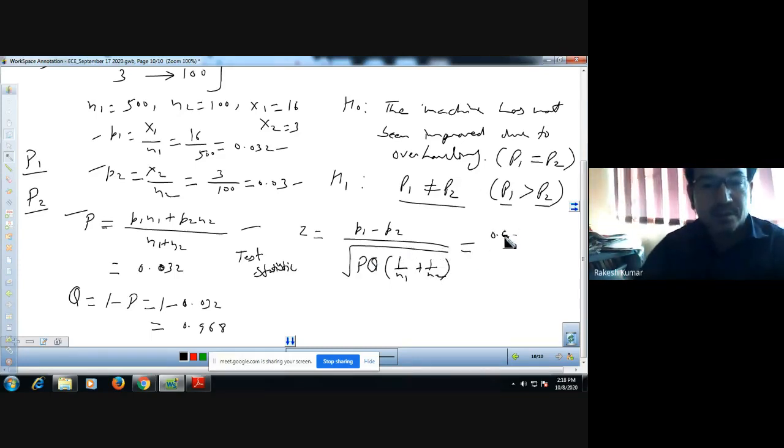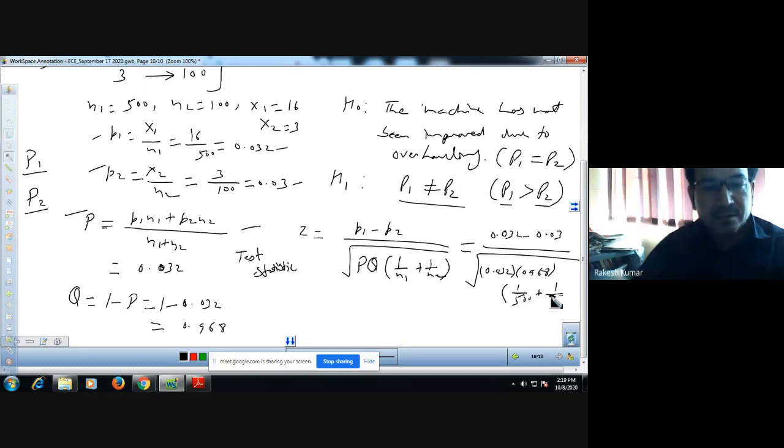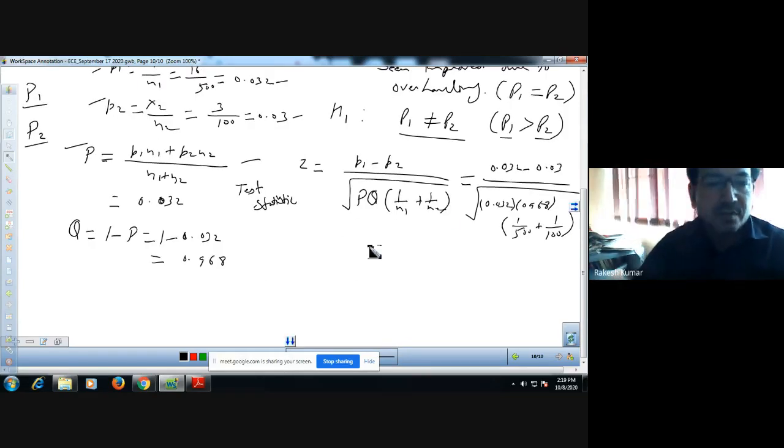So this is 0.032 minus 0.03, divided by the square root of 0.032 into 0.968 into (1 over 500 plus 1 over 100). You can substitute the values, and after making the calculation, that is 0.104. So this is the calculated value of the test statistic.